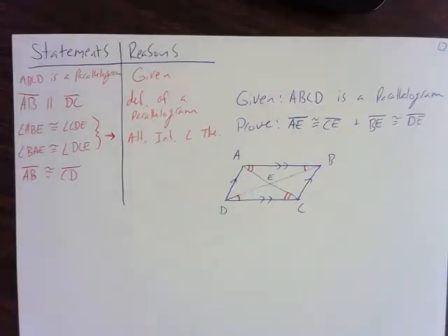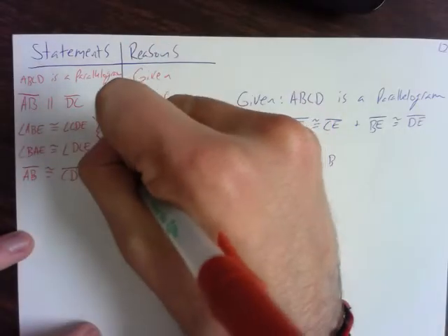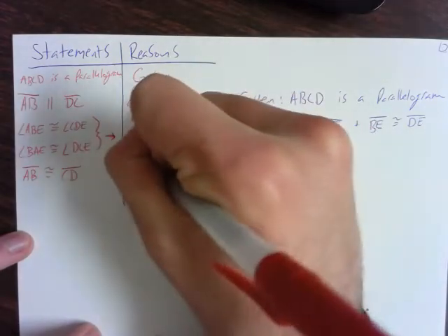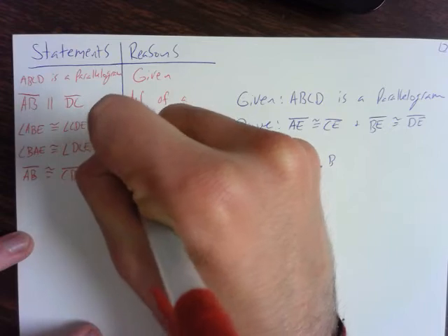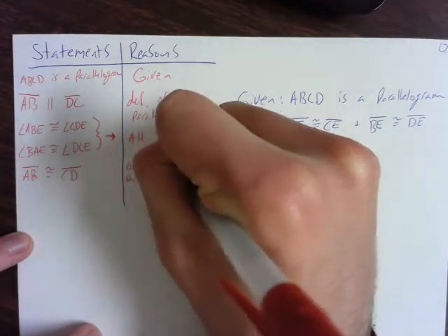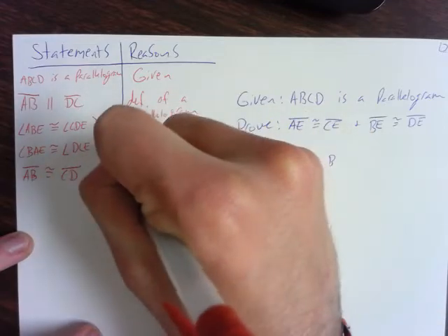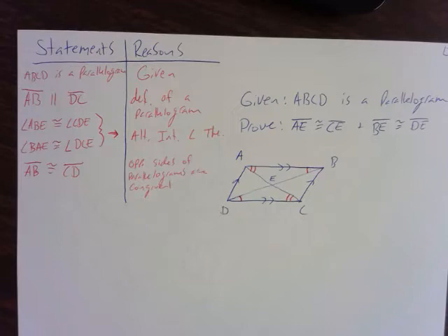We proved it earlier, and since we've proved it, we can use it as a statement. So I'm going to say that opposite sides of parallelograms are congruent. Sweet, it's already helping us out here.